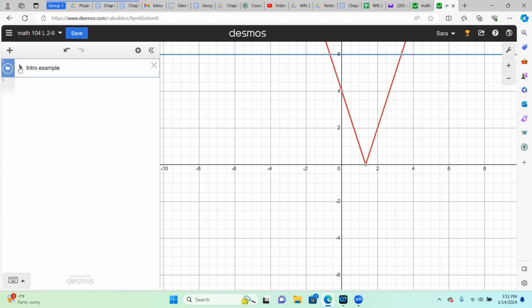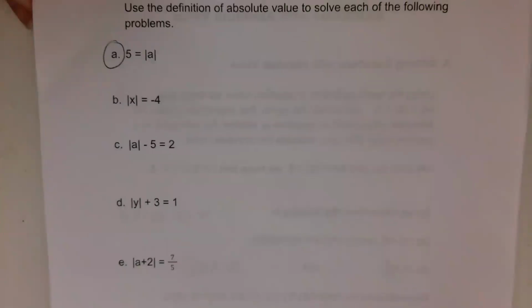So let's flip the page in our notes. In this lesson, we're going to do all of example 1, A through F. I'm going to go back to my paper here. A says the absolute value of A equals 5.